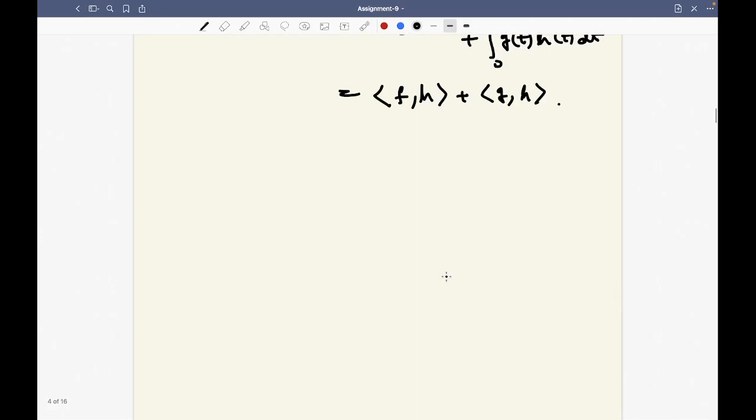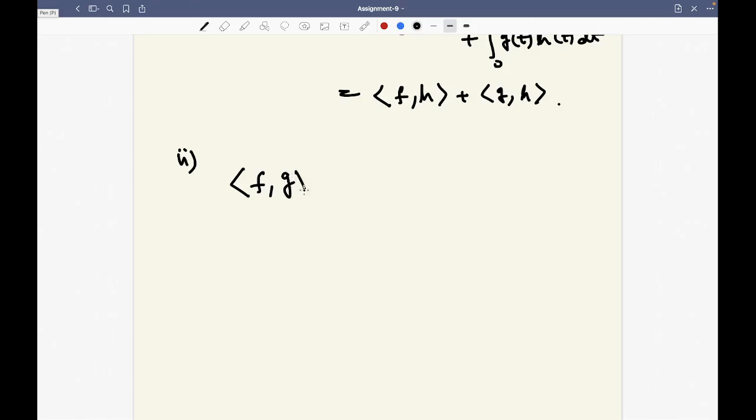Now let's check the next one. Option number 2. What is option number 2? Here it is real, so for the real inner product space there is no bar, so this condition is automatically satisfied. So you have to check this for all the functions.